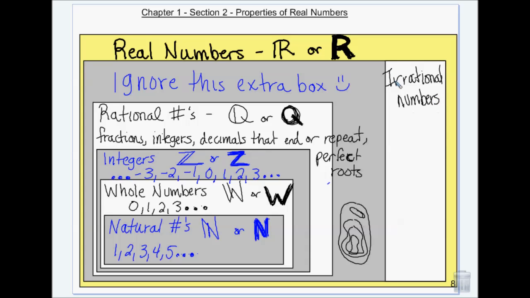Okay. Now, irrational numbers are non-ending, non-repeating decimals and non-perfect roots.